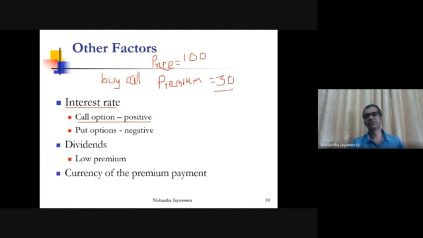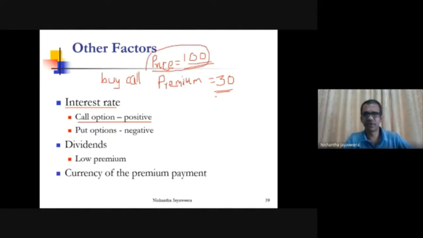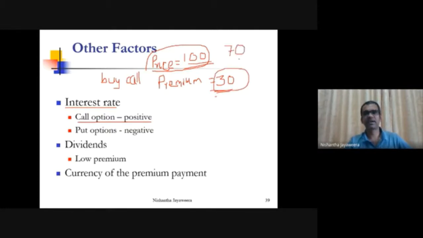Today you need only 30 rupees to buy the call option. But if you want to buy the underlying asset, you need 100 rupees. So without paying 100 rupees for the underlying, you can buy the call option by paying 30 rupees. You can save 70 rupees and invest this at whatever the prevailing market interest rate is.